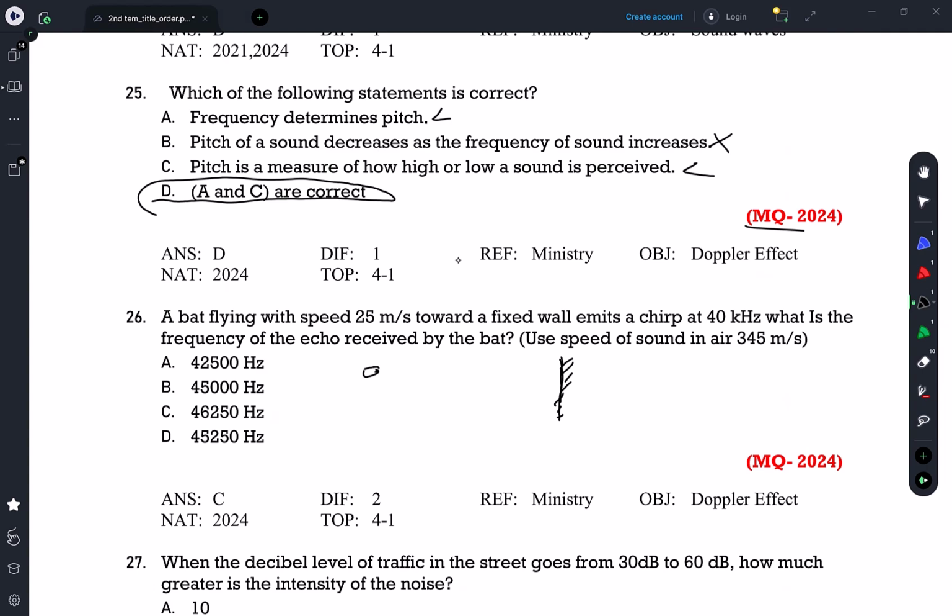The bat is approaching the wall and emits a chirp, and after that it reflects from the wall and then comes to the bat again. So in here, the bat is a source. At the same time, the bat is an observer.